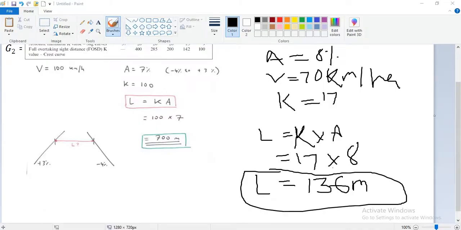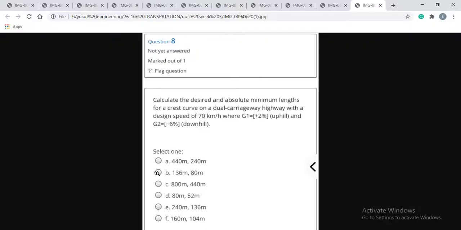So the desired minimum length is 136. The absolute one will be different, but I am not calculating it because we have got the desired. For absolute, the first value of desired minimum length will come. So the first value of 136 is with option B, so option B is the correct answer. We can also calculate the absolute minimum length.